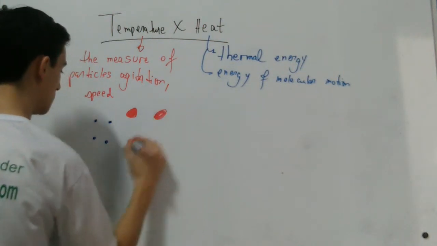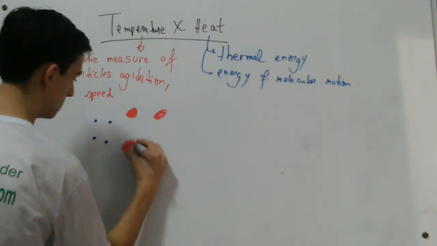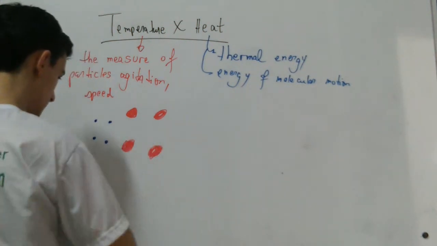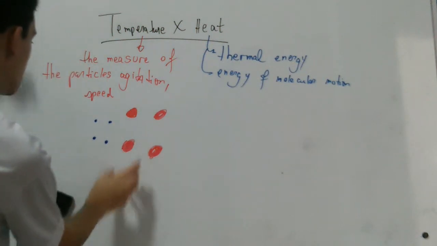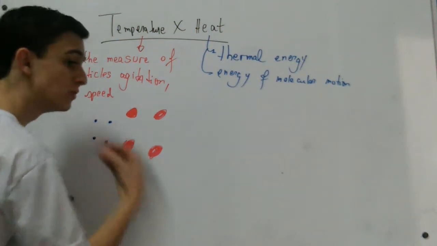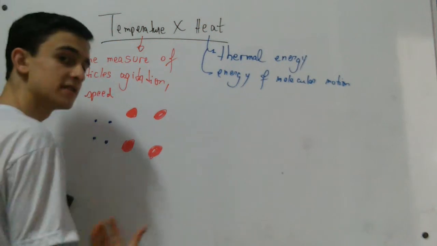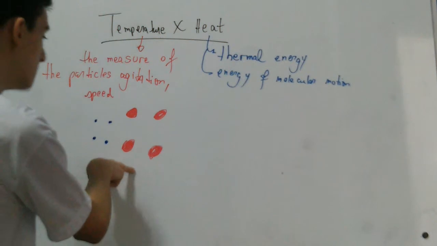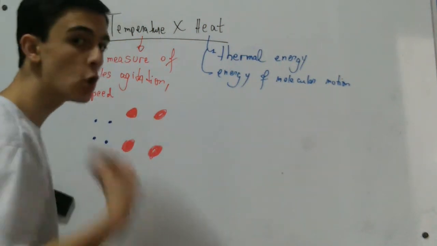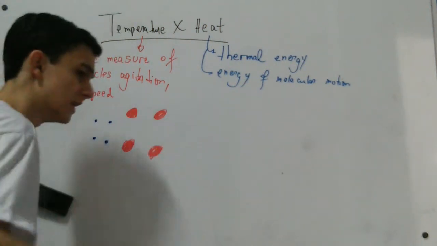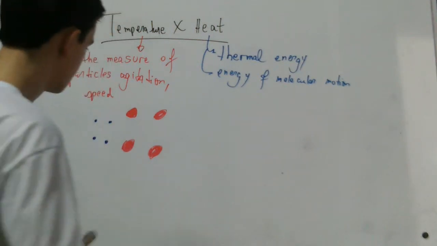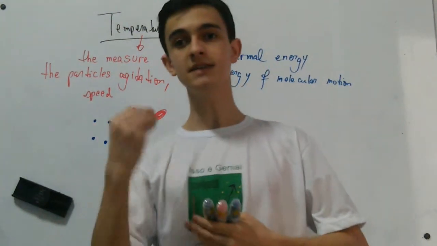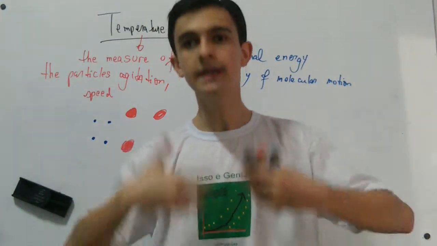So we have a second object with a higher temperature than the first object. And this means that the particles of the second object are moving with more speed, they are moving faster than the particles of the first object. And then we are going to put both objects in contact. And heat transfer is going to happen. And nature, the universe, looks for equilibrium.